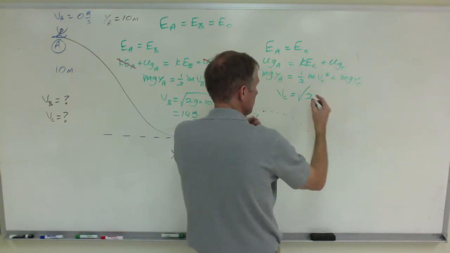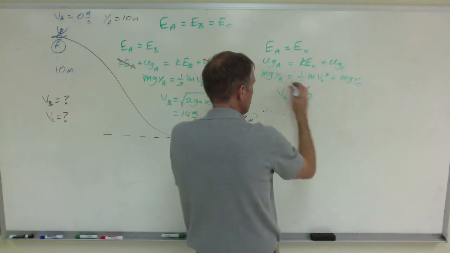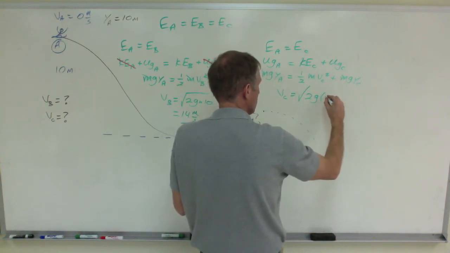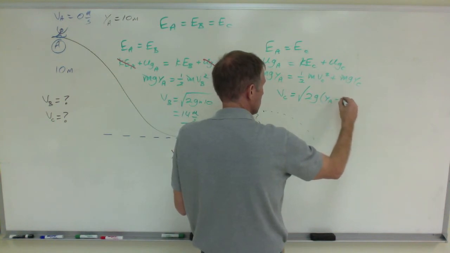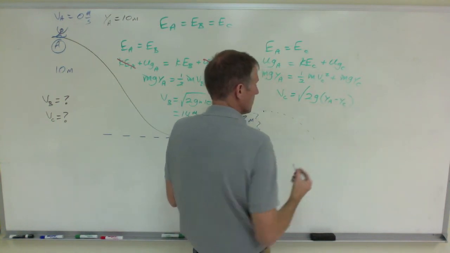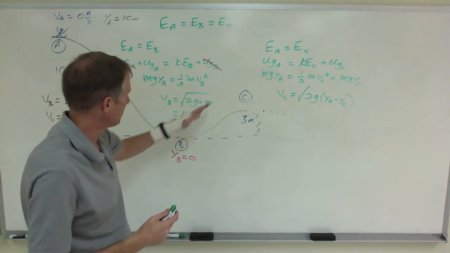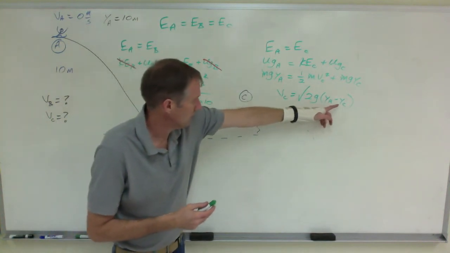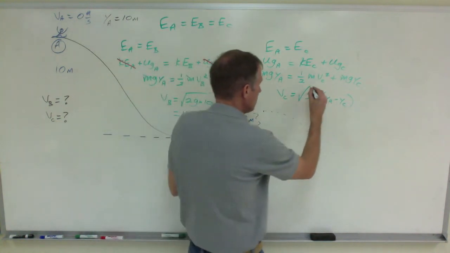I'm just simplifying here. I multiply by 2, bring that to the other side, and it's the difference between those heights. You know, if they went back up to 10 meters, it would come back to a stop, and that would be 0. But it doesn't go back. So if those are 10 and 10, that would go to 0. It doesn't, though.